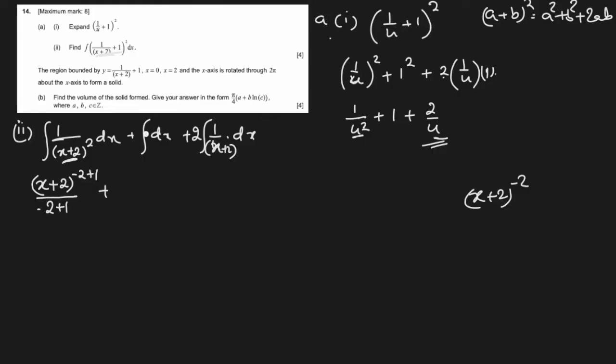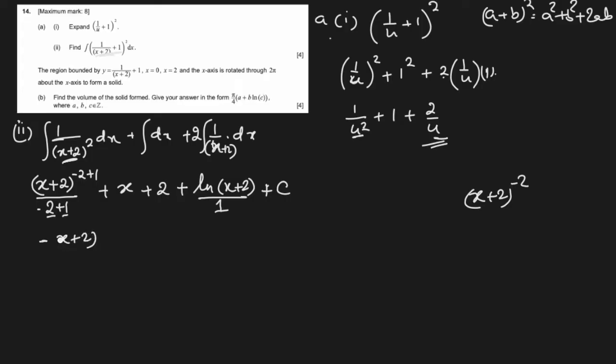Plus, 1 dx, the integration is just x. 2 is 2, and 1 over a linear expression is always natural log: ln (x plus 2) divided by the differentiation of that linear expression, but differentiation of x plus 2 is just 1. So even if you don't write it, it's okay. And plus c.